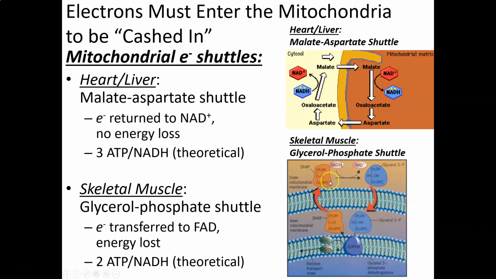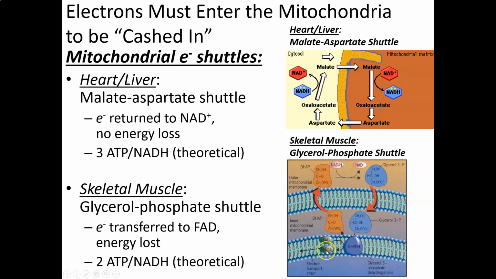Basically that's what happens here in the glycerol phosphate shuttle. The energy from NADH is passed. The glycerol phosphate moves across. It costs 1 energy unit. So by the time it's inside, it doesn't have the same energy it had when it was outside because it's lost a phosphate. It's lost an ATP basically.